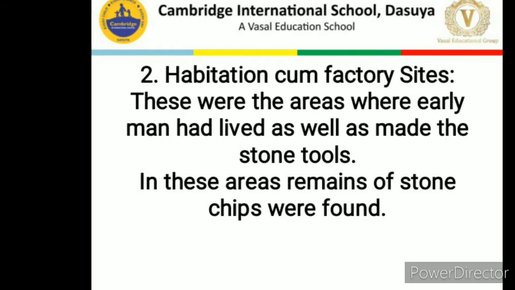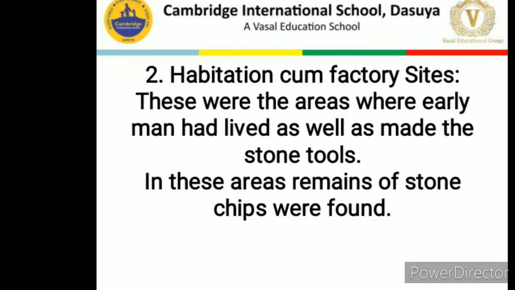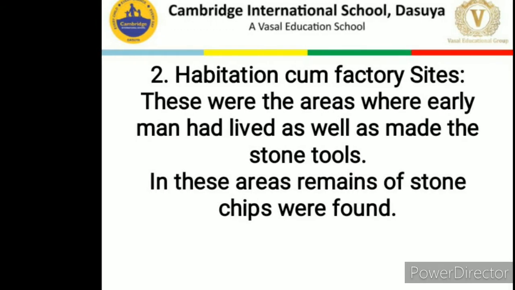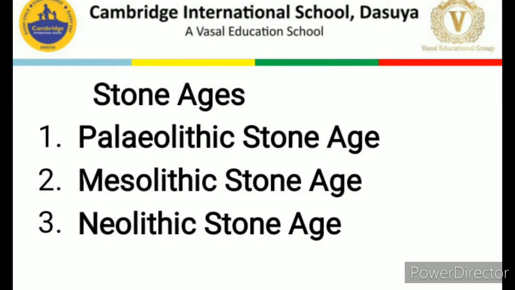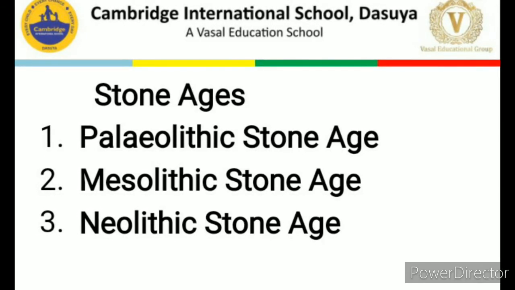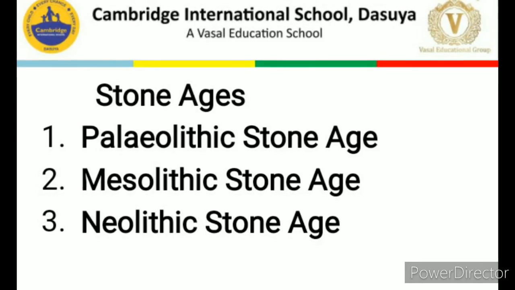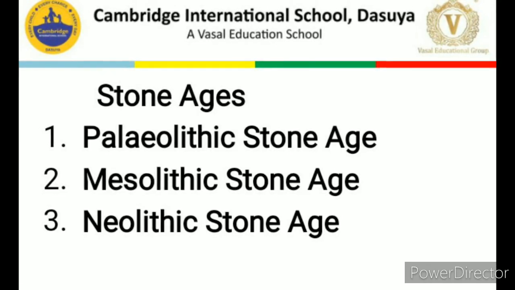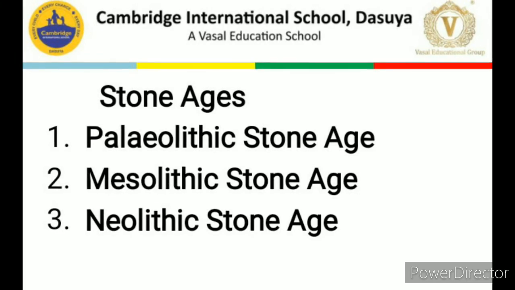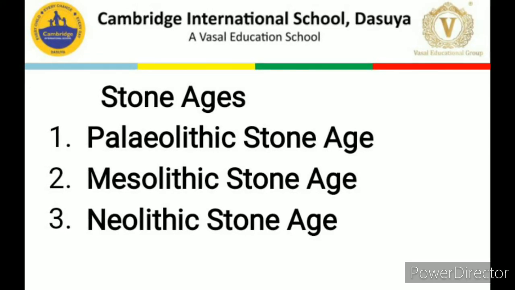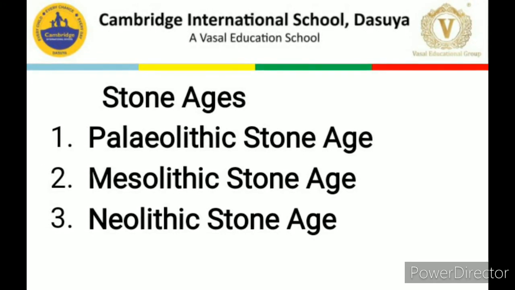Now, let's move forward to our next topic, that is the Stone Ages. But first of all, it's very important to know what the Stone Ages are. Archaeologists have divided the ancient period into different categories on the basis of the uses of stone tools.